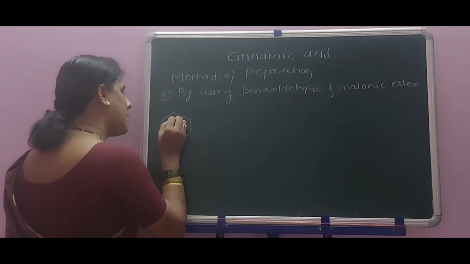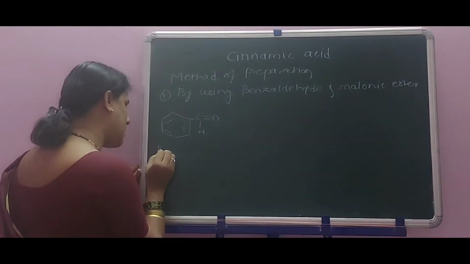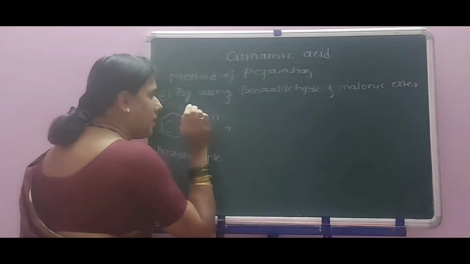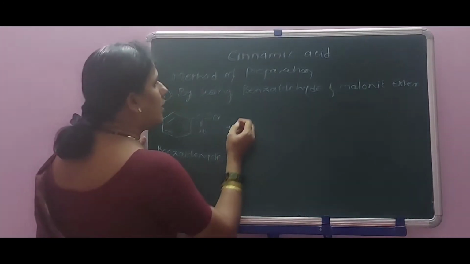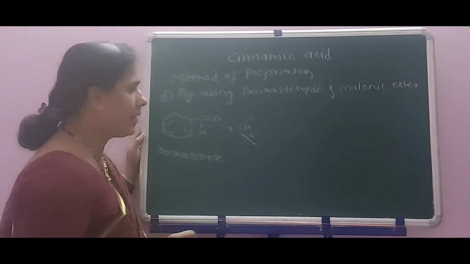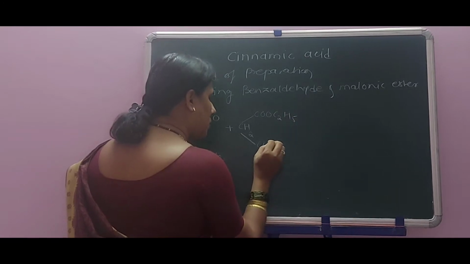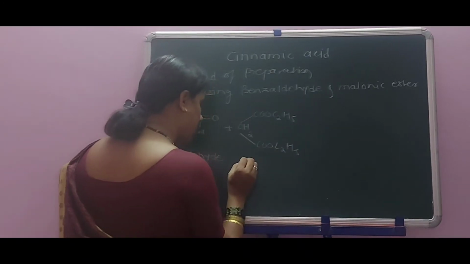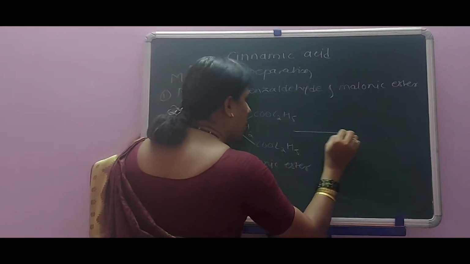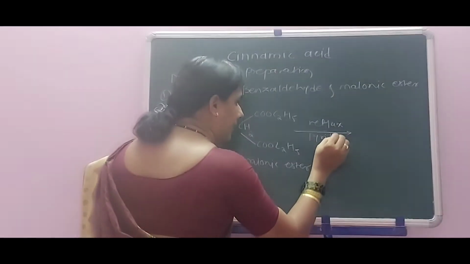First, we have to take benzaldehyde, CHO. The name of this compound is benzaldehyde. It is refluxed with the diester of a dicarboxylic acid, malonic ester, COOC2H5, COOC2H5, in the presence of pyridine.